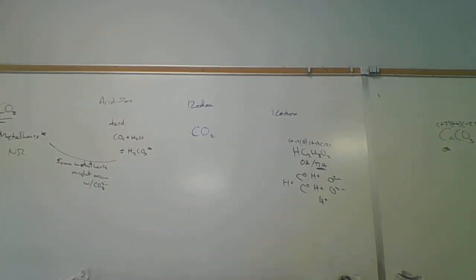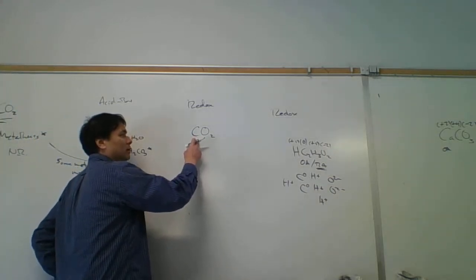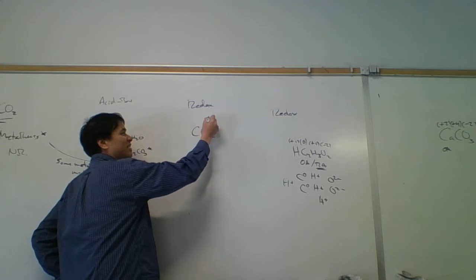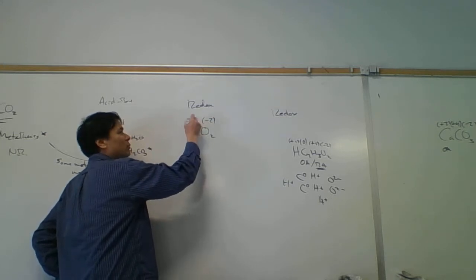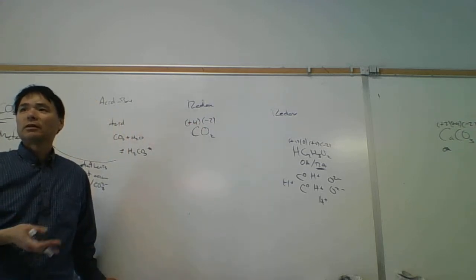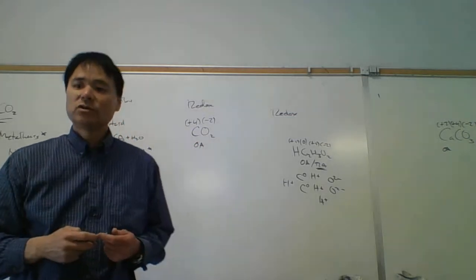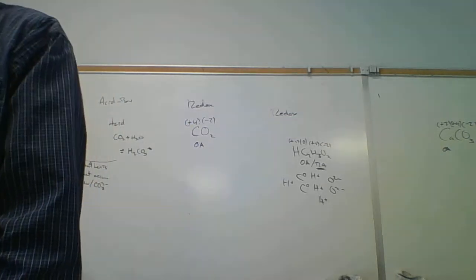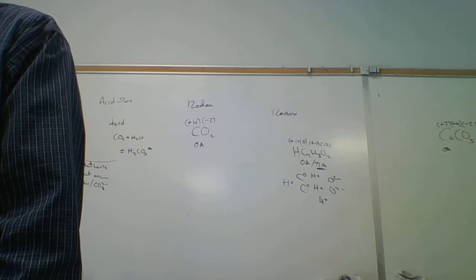What we would do is look at the oxidation states. Oxygen is -2, carbon is +4, which means it's at +4. It cannot be a reducer. The only thing that this could be is an oxidizer. Is CO2 a powerful oxidizer, would you say? No, it's not a powerful oxidizer.